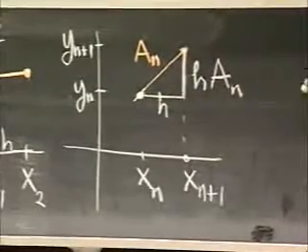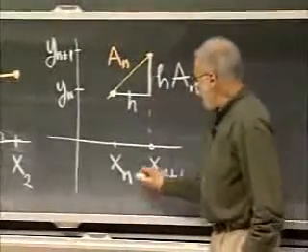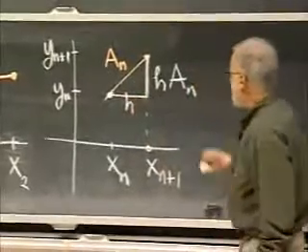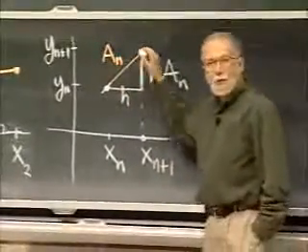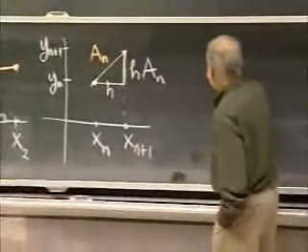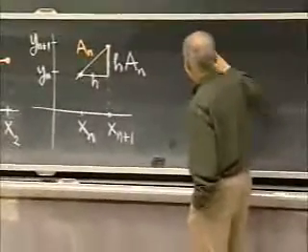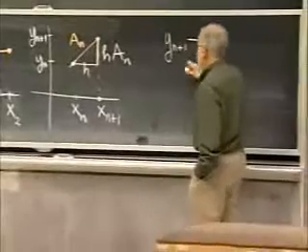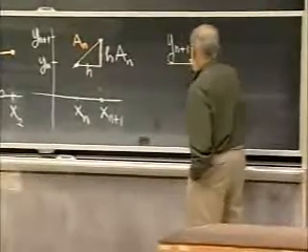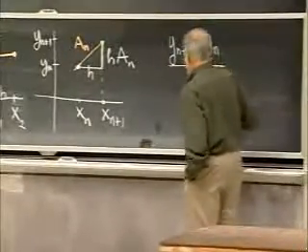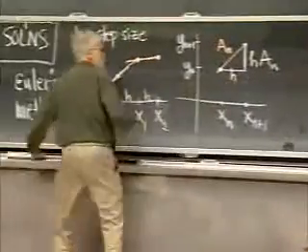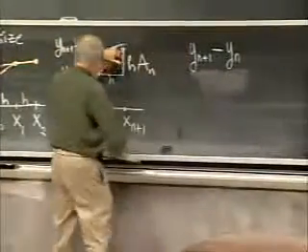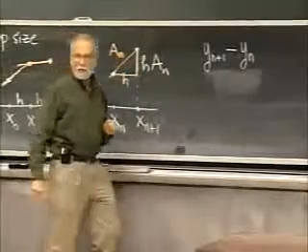How do I get from, clearly, to get from xn to xn plus 1, I simply add h. So that's the trivial part of it. The interesting thing is, how do I get the new yn plus 1? And so the best way to write it is that yn plus 1 minus yn divided by h. Well, yn plus 1 minus yn is this line, the same as the line h times an.